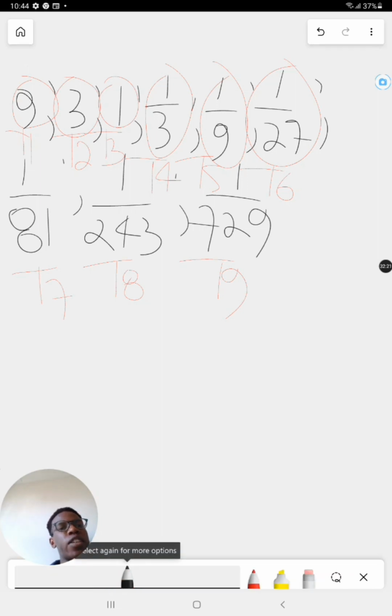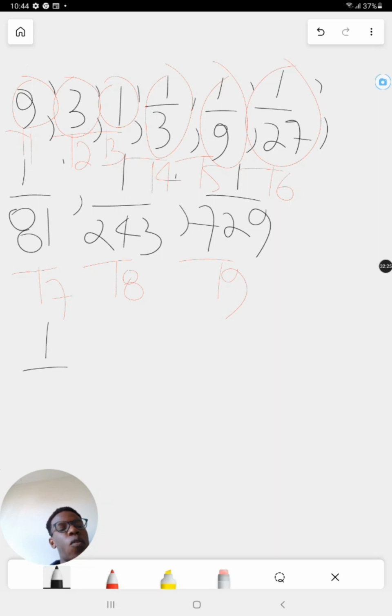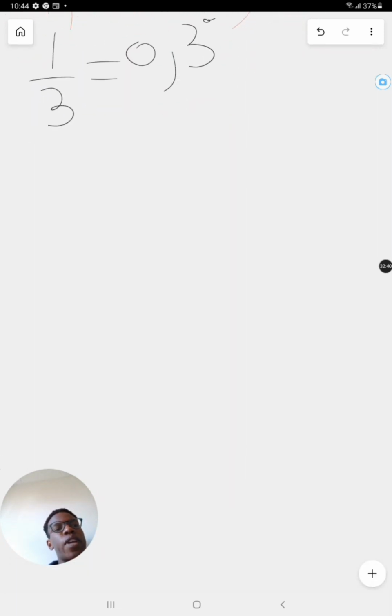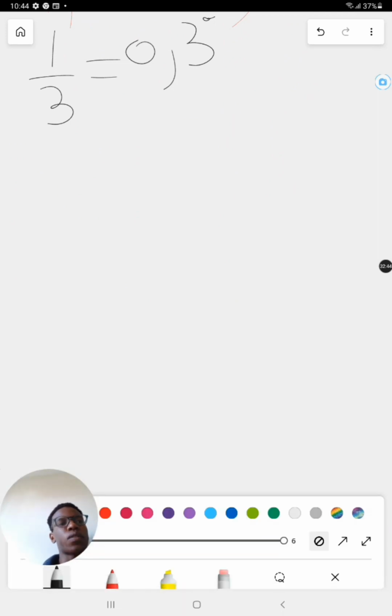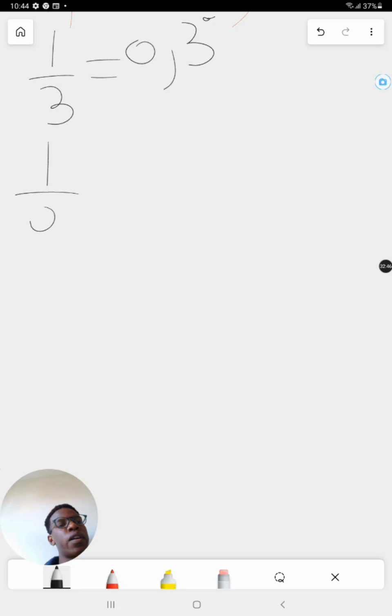Now, if you look at these fractions, what is 1 over 3? Just so I can write them in numbers, 1 over 3 is 0.3 recurring. So the 3 is recurring. And then what is 1 over 9?